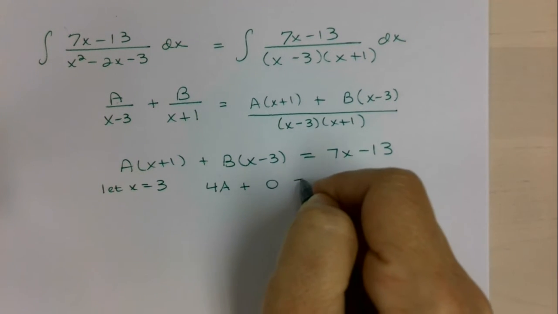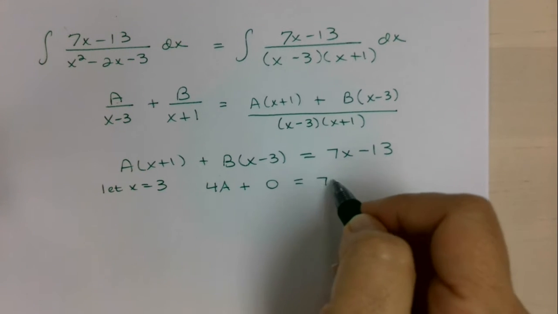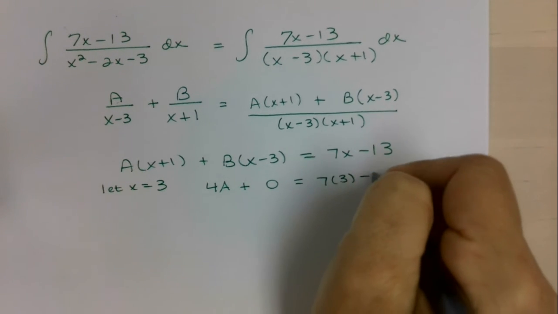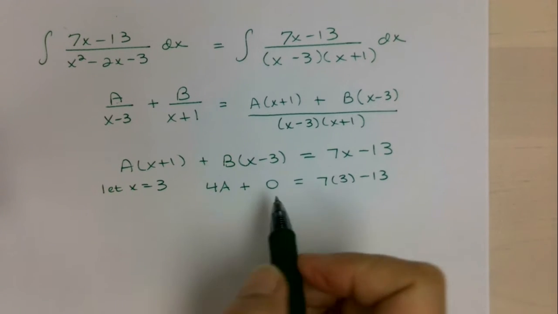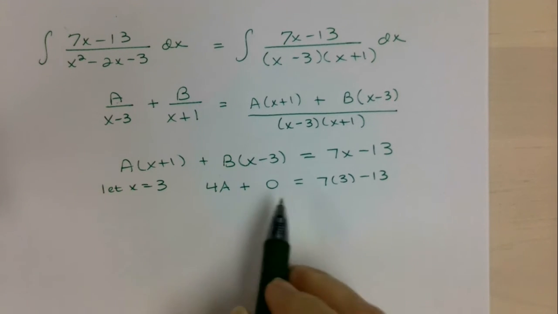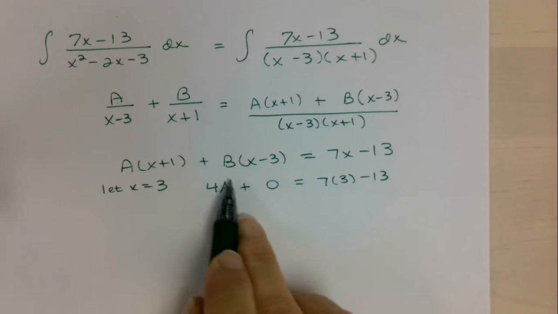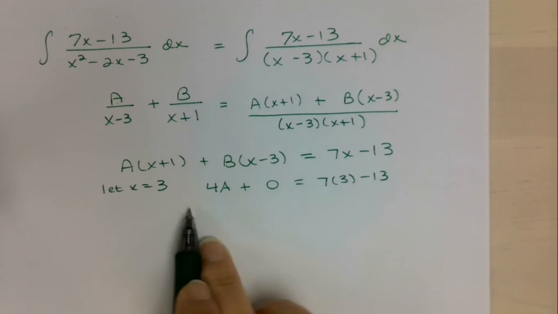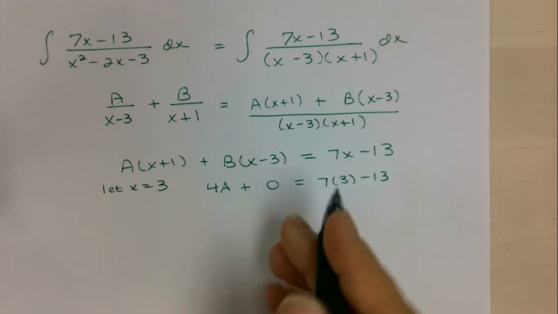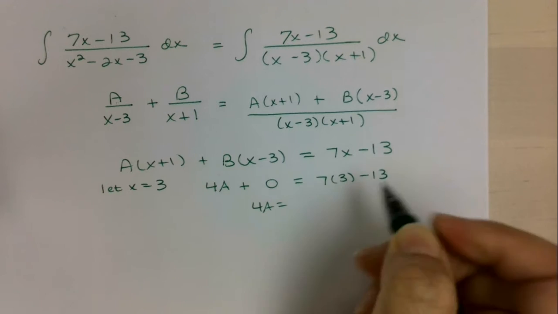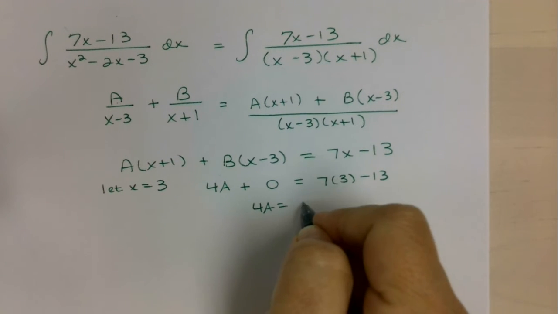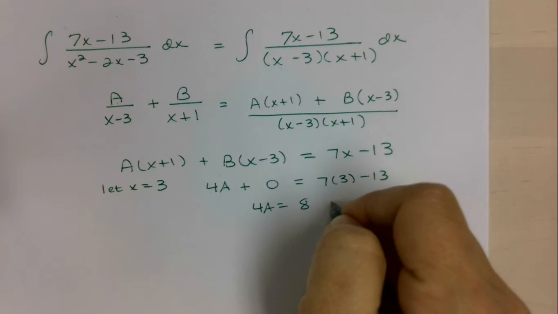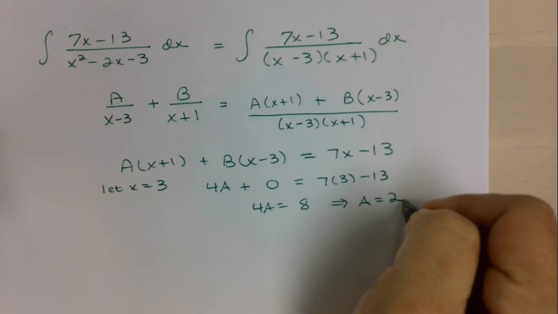And so I get plus 0 equal to 7 times 3 minus 13. So I chose 3 because it's going to make this term become 0. And now my only variable here is A, so I can solve for A. So 4A is equal to 21 minus 13, which is 8. And that means that A equals 2.